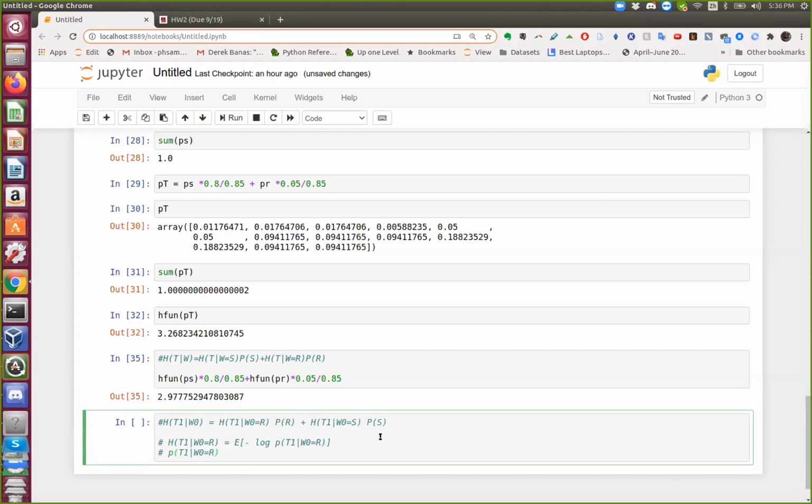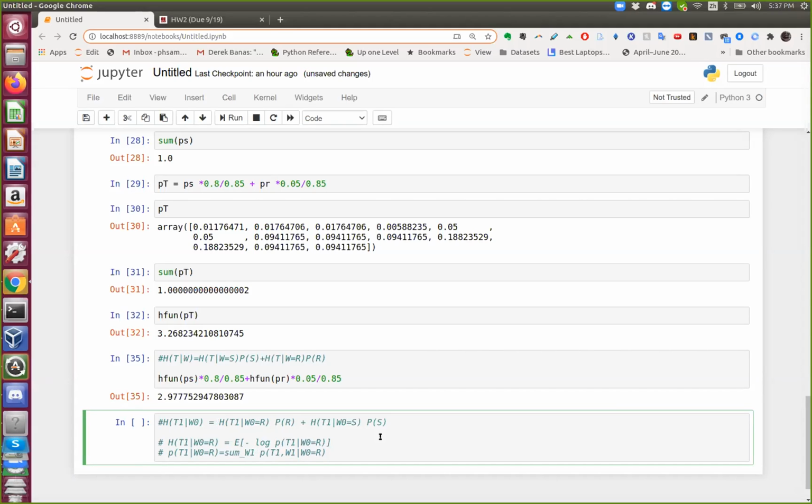So let's start with sunny, it's okay. This will be like PT1, W1 given sunny. What I'm trying to do is consider this given W0 equal to sunny, but then I sum over W1, right?